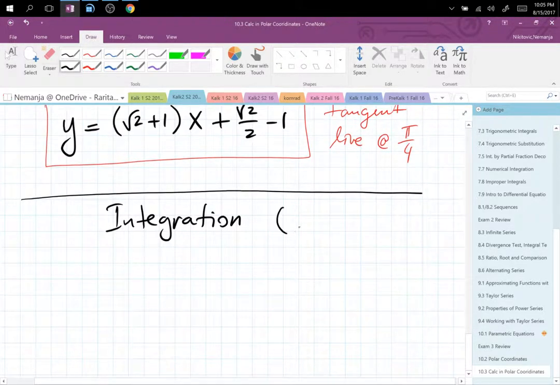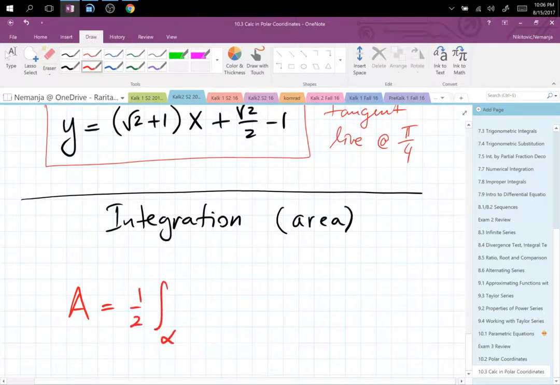We are also considering area within polar graphs, which is what I shaded in green at the beginning. Now the formula that we are going to use to calculate areas is area equals 1/2 integral alpha to beta of f of theta squared d theta.